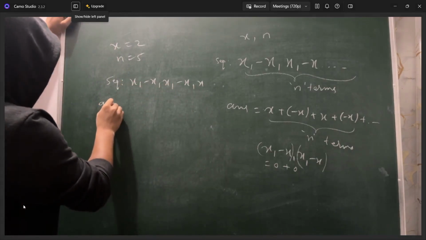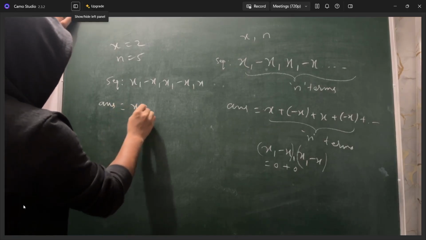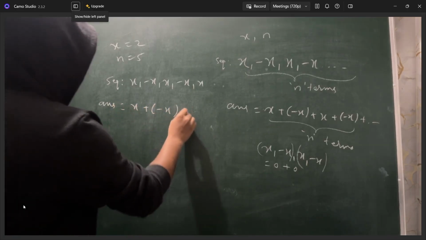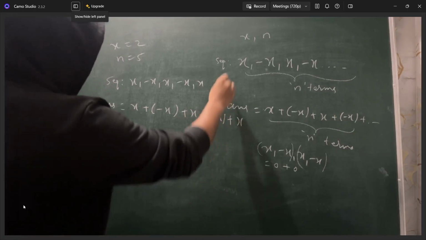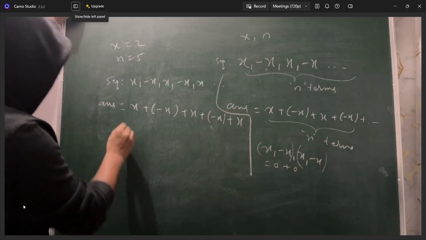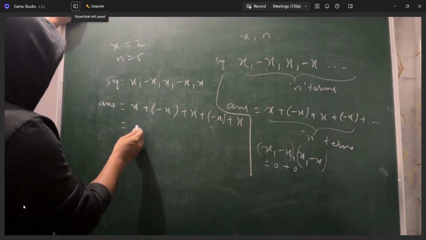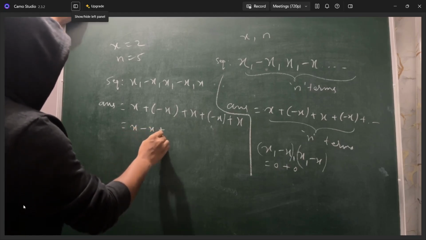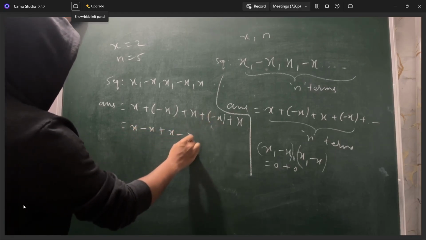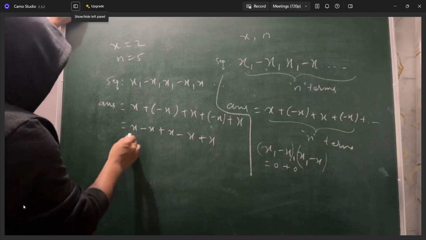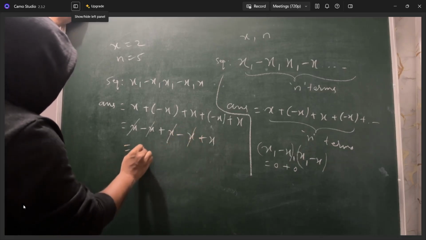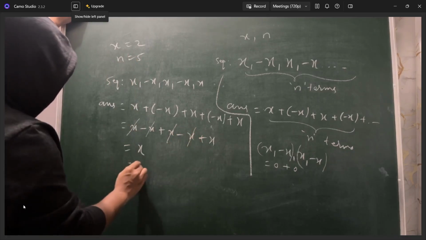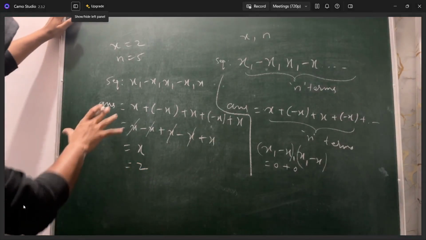If you want to find the answer, it is going to be x plus minus x plus x plus minus x plus x. Plus into minus is minus, so this and this will get cancelled, this and this will get cancelled. At the end you have x. Now substitute x, which is 2. So for this case your answer is 2.